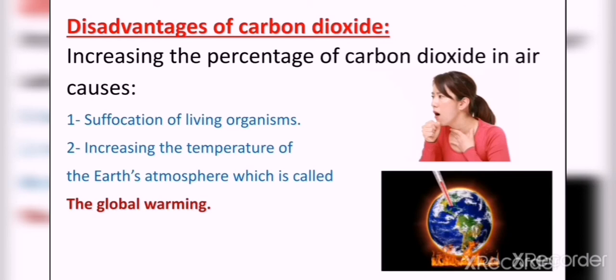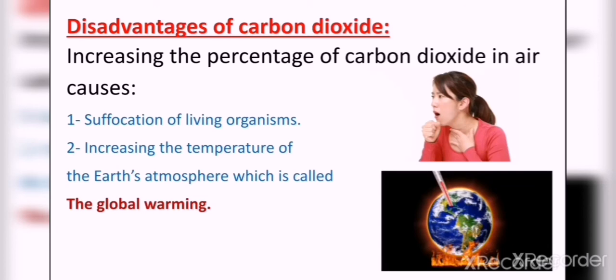Now, let's know the disadvantage of the carbon dioxide gas. Increasing the percentage of the carbon dioxide gas in the air may cause, number one, the suffocation of the living organisms. Suffocation means difficulty in breathing.